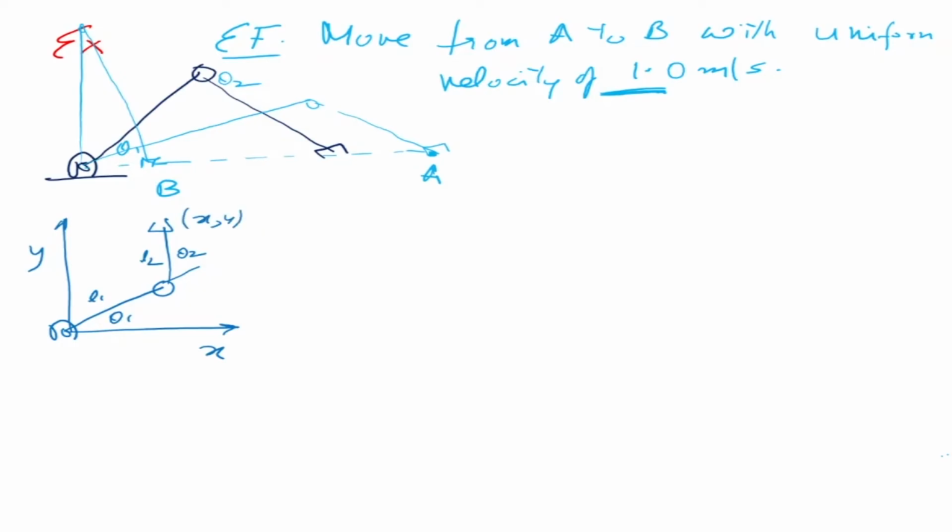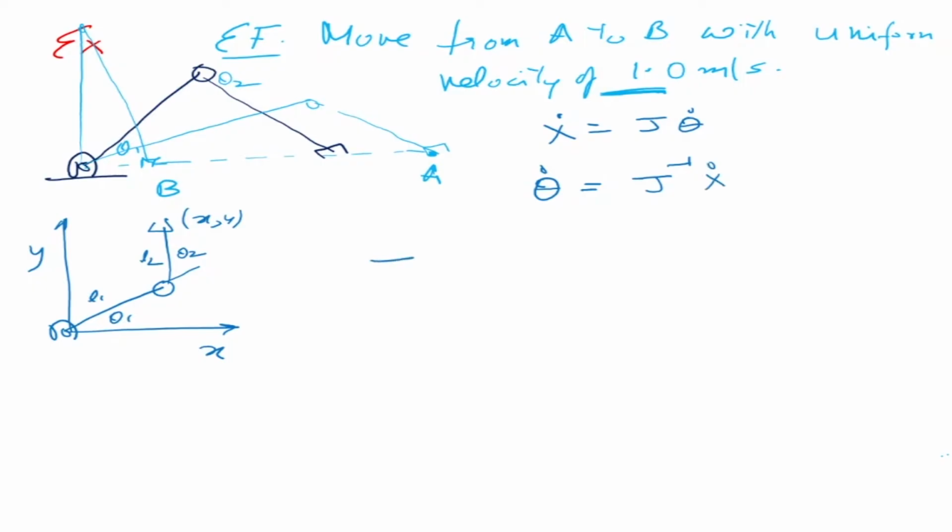So we have seen that we can write x dot is equal to J into theta dot, and theta dot is what we want, which is equal to J inverse of x dot, right? And what is J inverse?